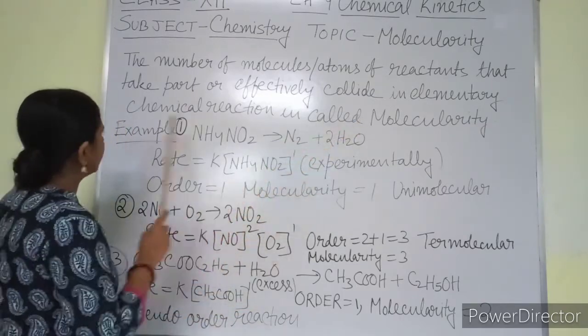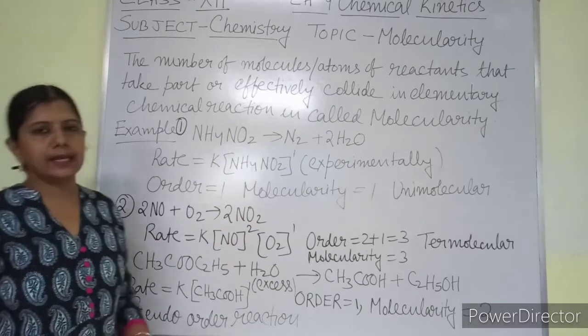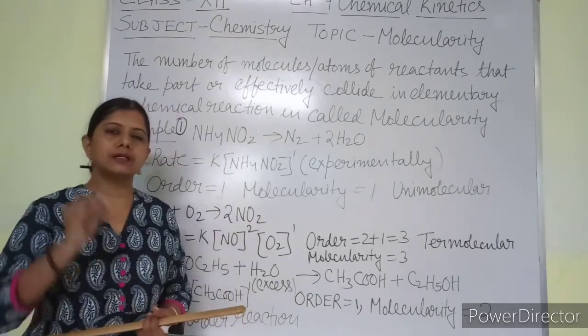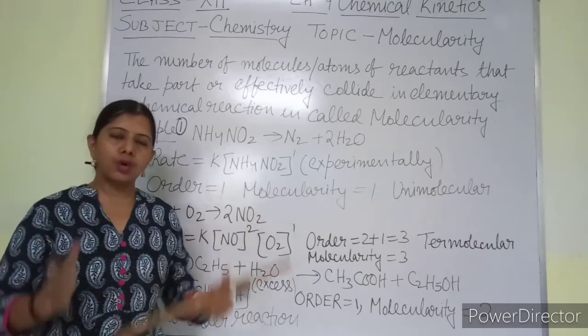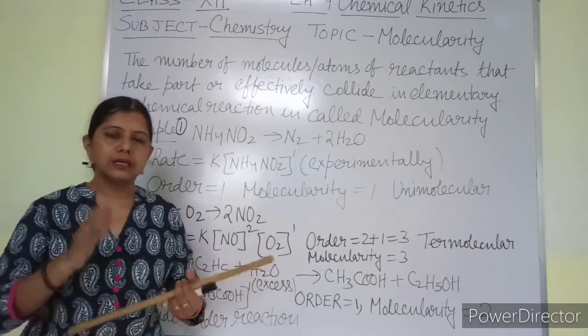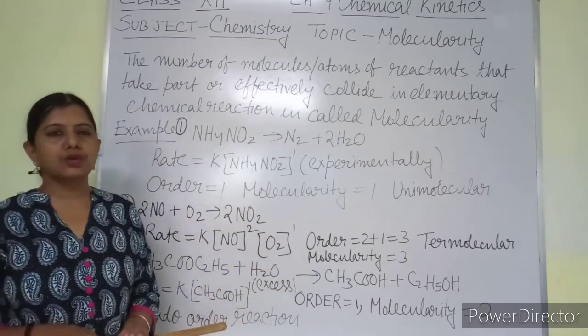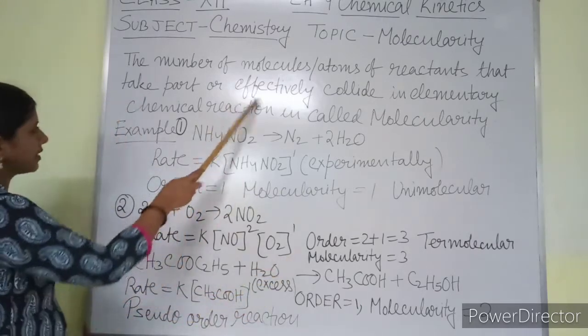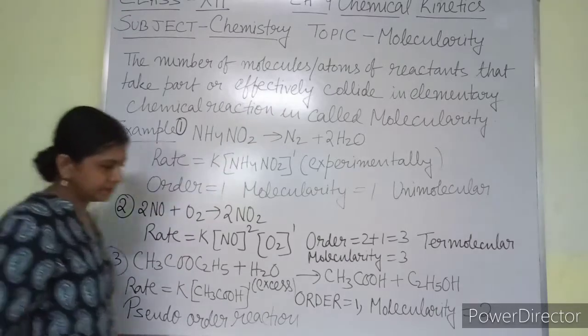What is the meaning of elementary chemical reaction? Elementary chemical reaction means the reaction which is occurring in a single step. The whole reaction is occurring in a single step. That reaction is known as an elementary chemical reaction. Another thing is effectively collide.